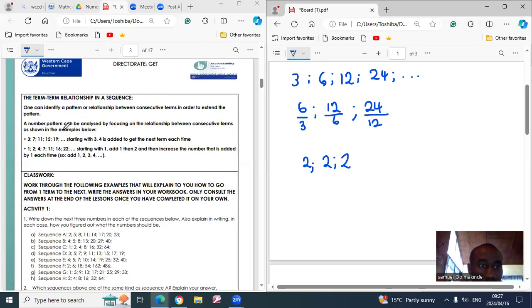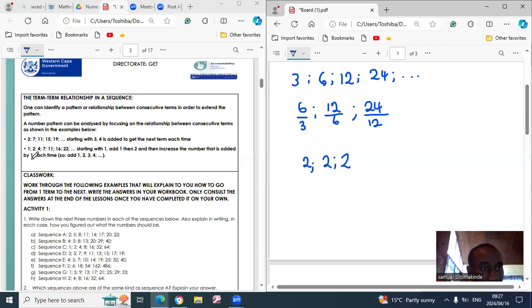A number pattern can be analyzed by focusing on the relationship between the consecutive terms as shown in the examples below. If you have 3, 7, 11, 15, and 19, starting with 3, 4 is added to get the next term each time.